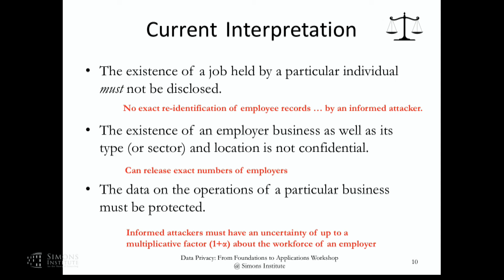And so you don't need perfect secrecy of that. You don't need to perfectly hide how many employees are there in that employer, because again, if you know what the business is, then you probably know roughly it's a big business or a small business. But rather what you want to do is you want to basically have sufficient uncertainty about the size of that business. So in particular, the uncertainty of up to some sort of multiplicative factor of the workplace of an employer.